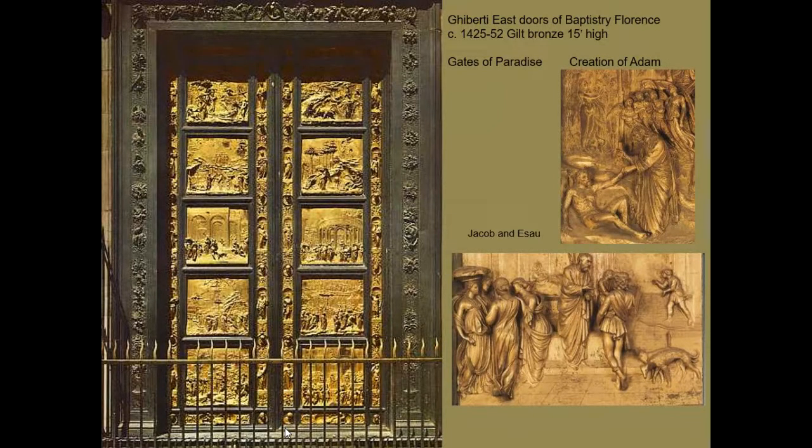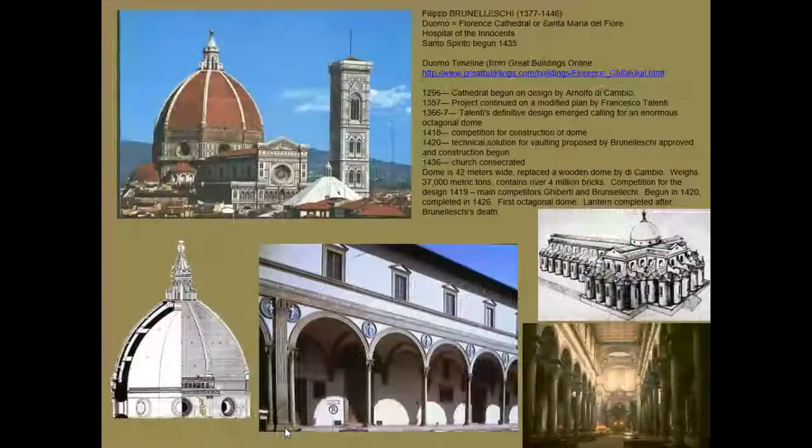He creates fully believable illusions of perspective in low relief, in cast bronze, in these enormous rectangular panels. They are so beautiful that Michelangelo himself said they were worthy to be the doors or gates of heaven. So we call them the Gates of Paradise in his honor. So that brings us all the way from prehistoric cave painting to the birth of the Renaissance.